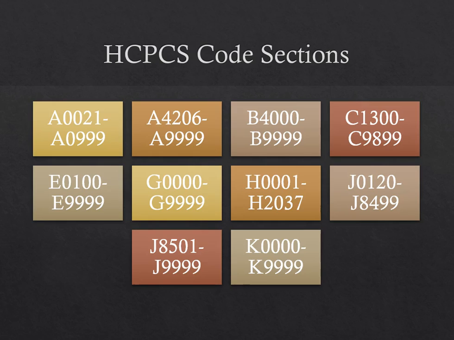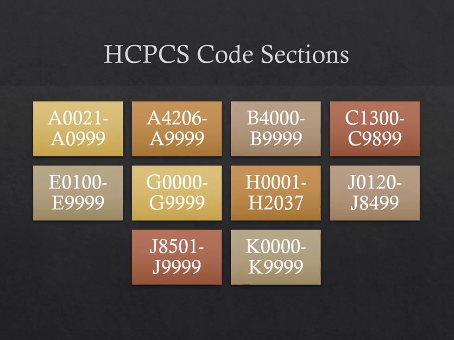Then we have codes G0000 through G9999, and this is one of our temporary code sets. This is for professional healthcare procedures and services that do not have codes identified in CPT.